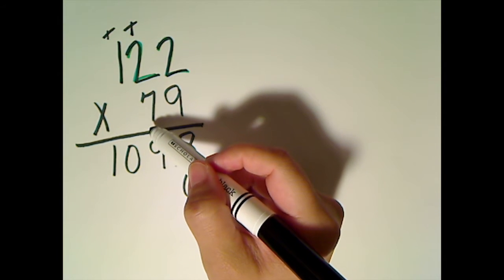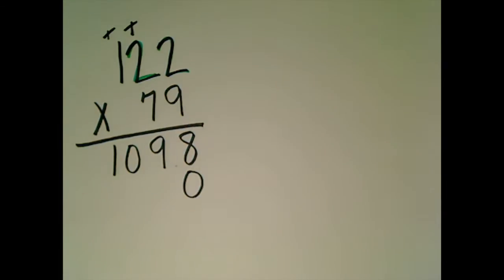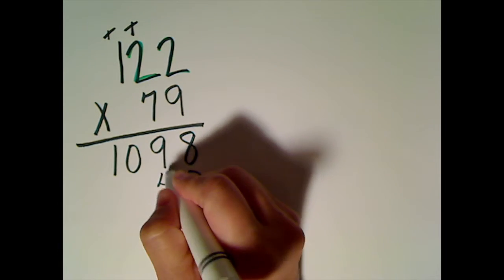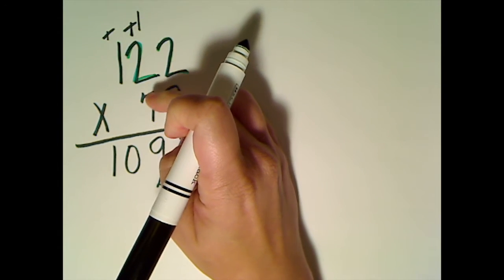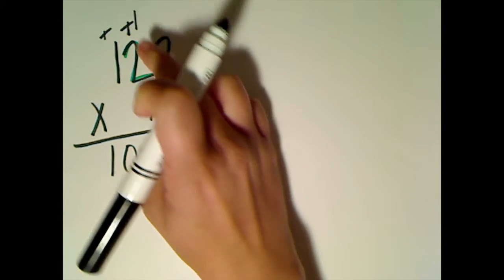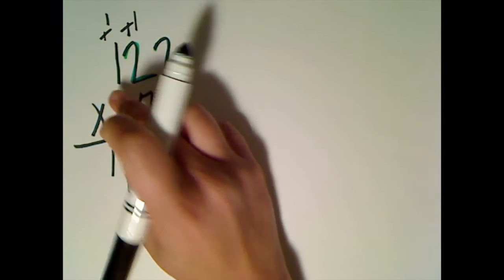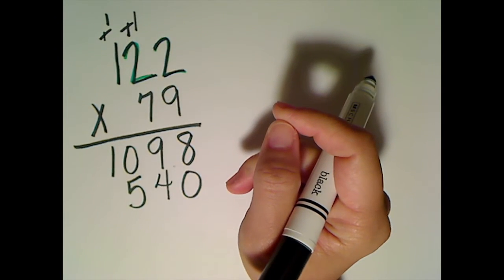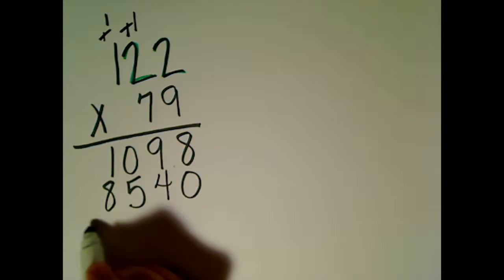That's right, the tens. So now I can say 7 times 2 is 14. Carry the 1. 7 times 2 is 14 plus 1 is 15. Carry the 1. 7 times 1 is 7 plus 1 is 8.